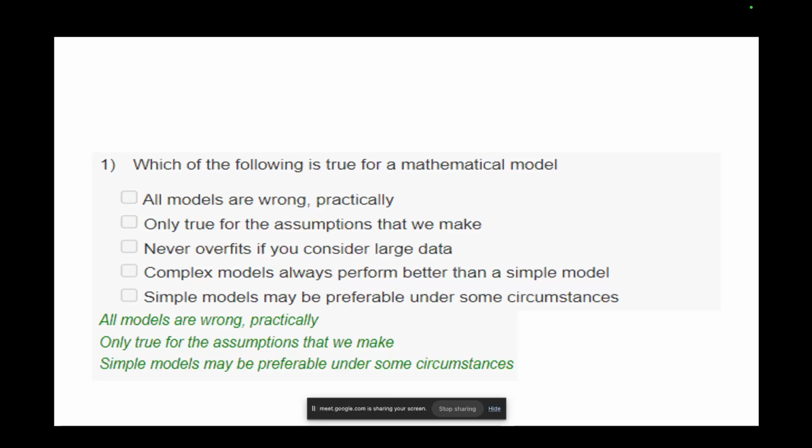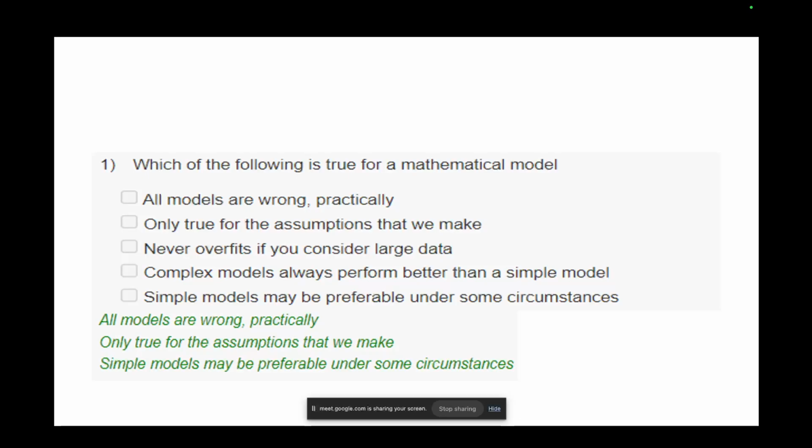And this one is actually false. Even if you consider a large data set, if your variance is very high, you will overfit your data. So there is no correlation between the size of the data and overfitting or underfitting. In most cases, a complex model will perform better than a simple model, which is intuitive, but there are caveats.